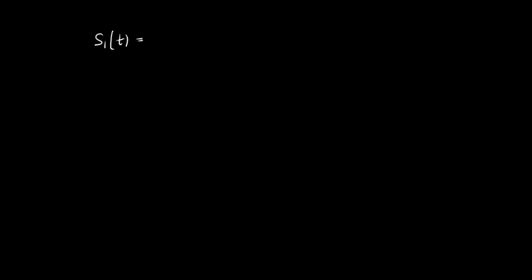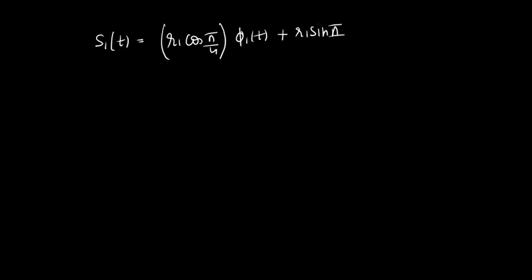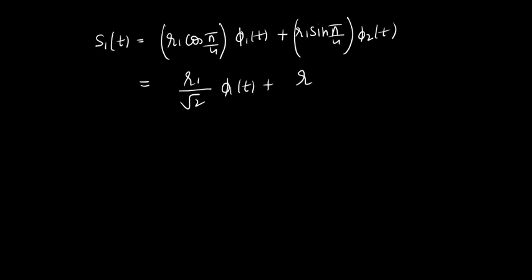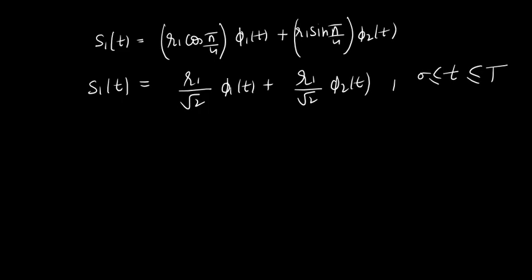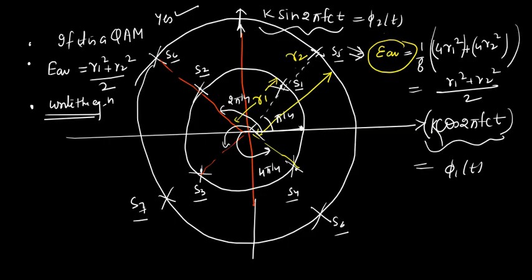So, you have to write R1 cos pi by 4 phi 1 plus R1 sin pi by 4 phi 2. So, this is your S1(t). Similarly, you can write for all.